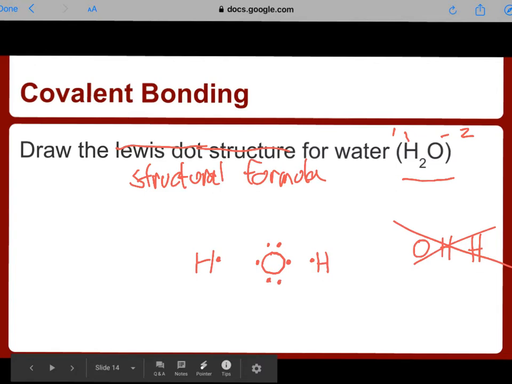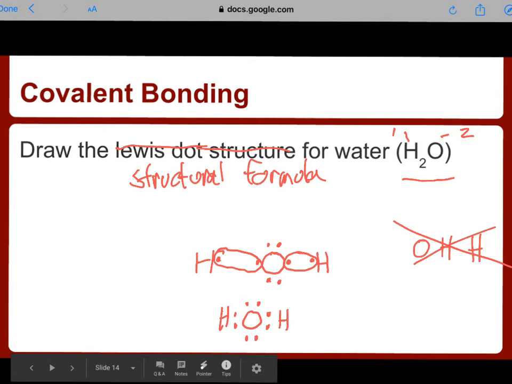I've got some lone electrons here, so I'm going to pair those up. Sometimes it's easier to kind of redraw it. So now I've got a shared pair there and a shared pair there, and then these are still there.